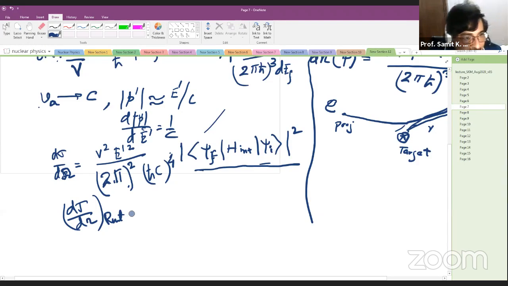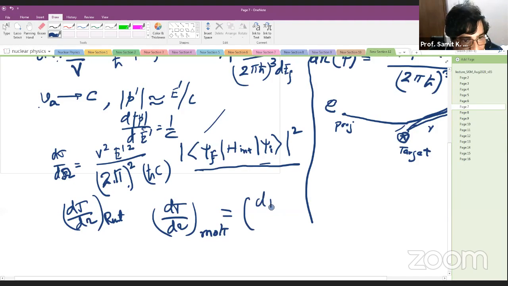But when you include the spin effect on this cross section, we can define d sigma by d omega as the Mott cross section, equal to an extra quantity, generally added because of the spin part of your wave function.